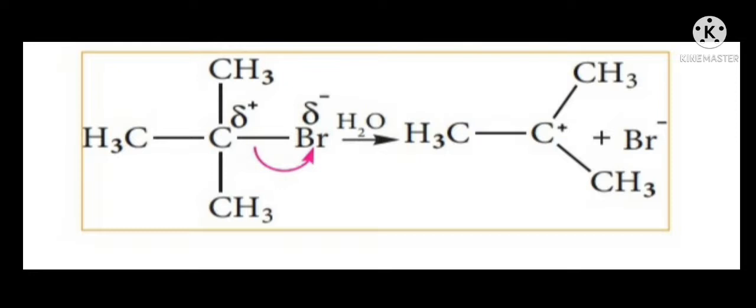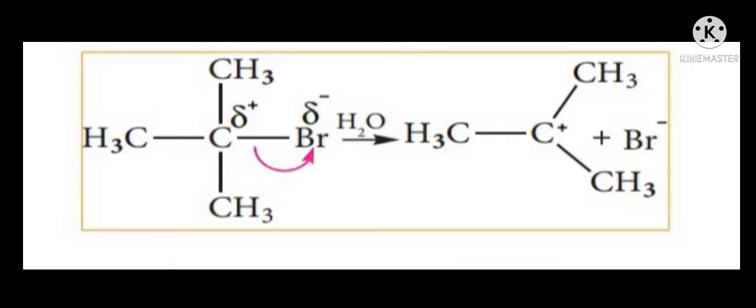Hence, bromine attracts the bonding electrons from the carbon-bromine bond. Hence, the carbon-bromine bond undergoes heterolytic cleavage to form a tertiary butyl cation during hydrolysis. Therefore, tertiary butyl forms a cation and bromine forms an anion. It is given by Br minus, that is bromide ion.